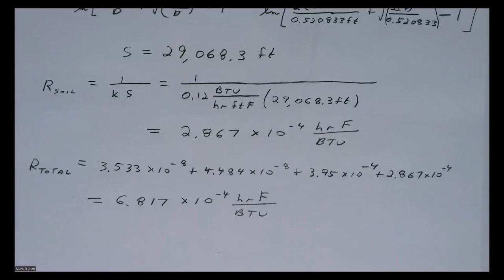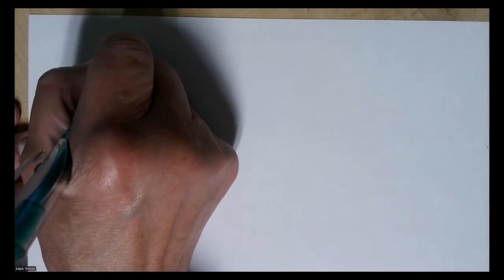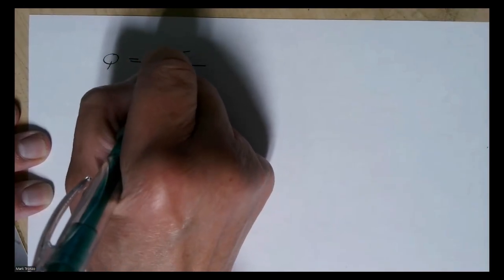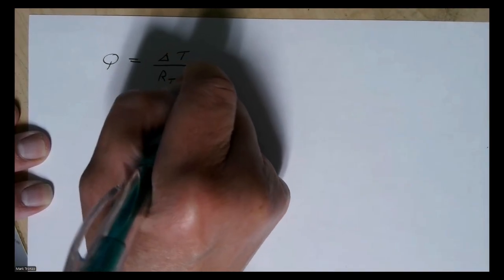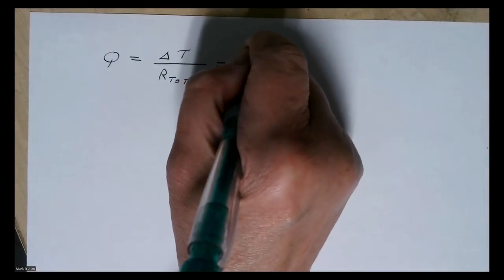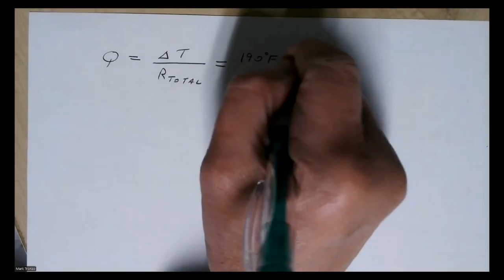So then finally, what we want to do is put this all into our heat equation. Again, Q is equal to delta T divided by the total resistance. And our delta T, let's see what we had. Our water temperature was 190, and our surface temperature was 20 degrees Fahrenheit.